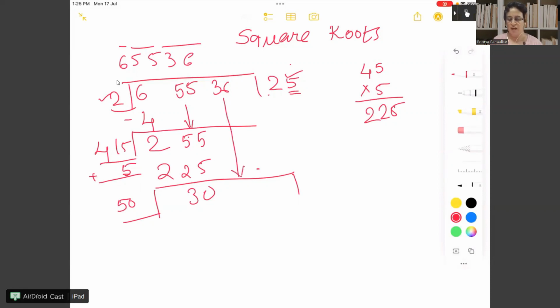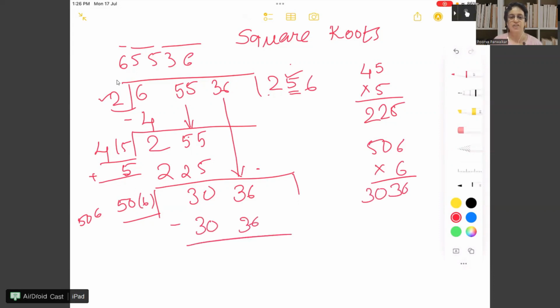So I take down 36. Now this division will be possible. So I find out that 6 5s are 30. So let me check whether 506, 6 6s are 36, 6 5s are 30. So yes, 256, and here my new suffix will be 6.